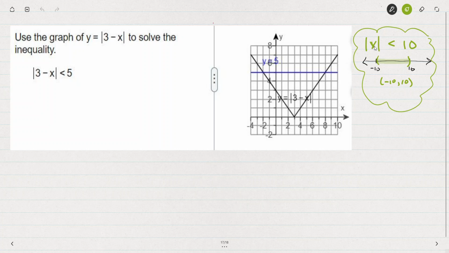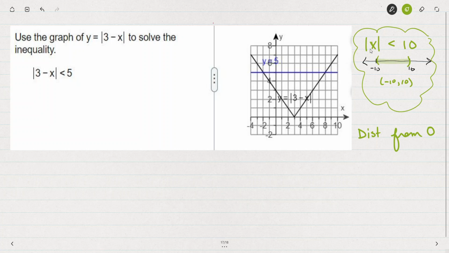And I could see that if I understand the definition of absolute value, it's the distance from 0, the x's that are less than 10 units from 0 are the x's that go from -10 up to 10. So I get this sandwiched kind of interval.